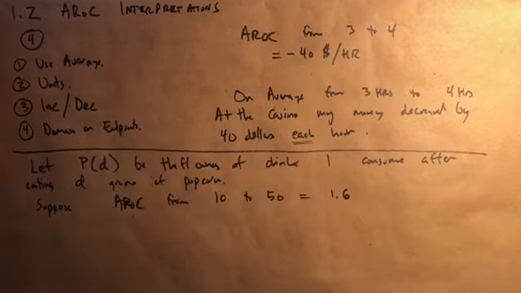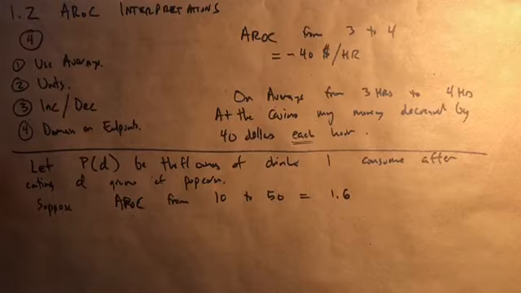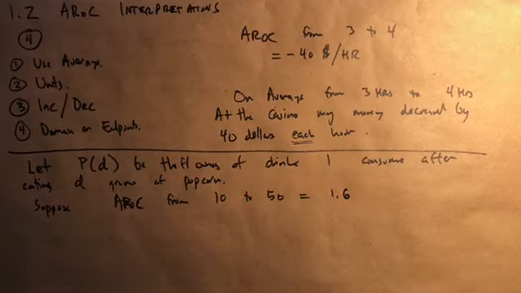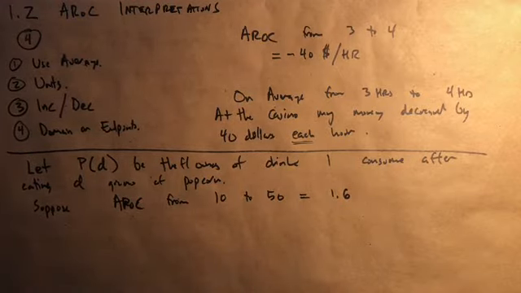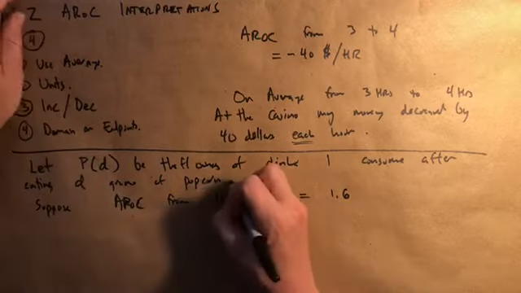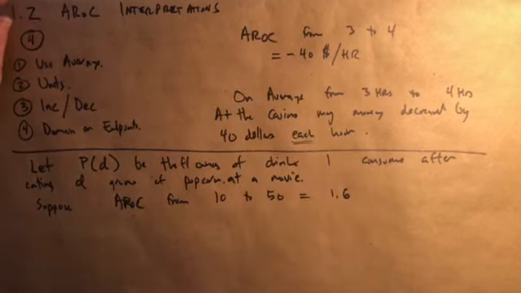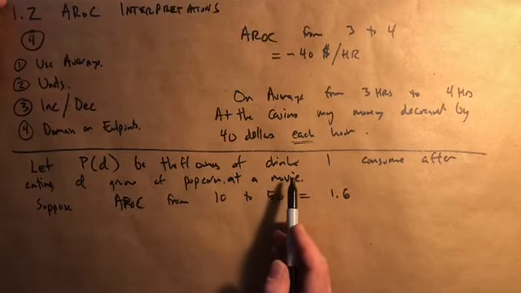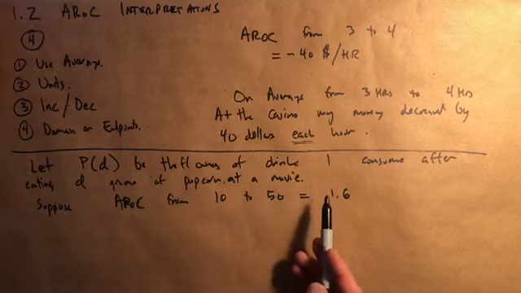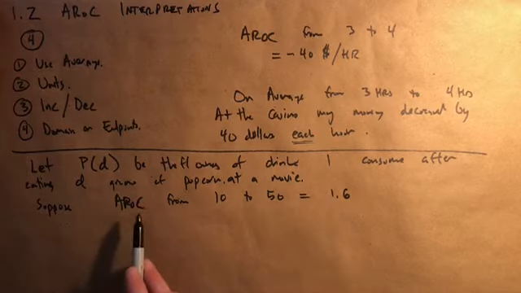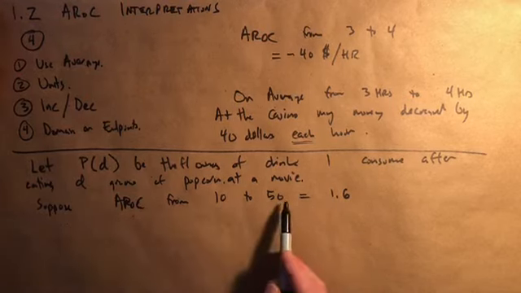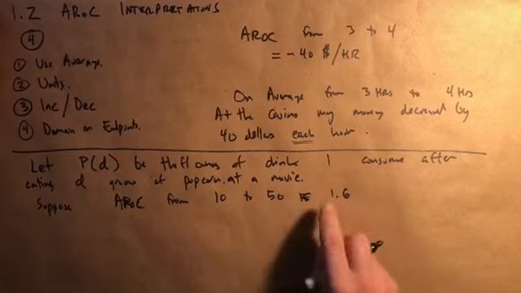Okay, let's let P of D be the fluid ounces of drink I consume after eating D grams of popcorn at a movie. Certainly I can get a rate here by dividing the output, which is ounces of drink, by the input, which is grams of popcorn. And suppose that the average rate of change from 10 to 50 is 1.6.